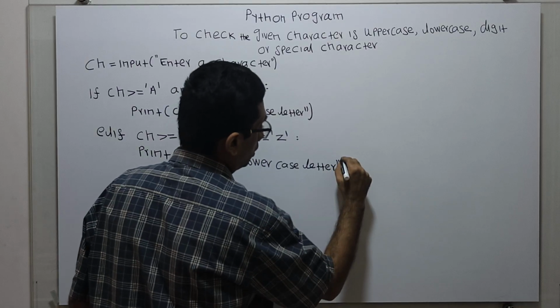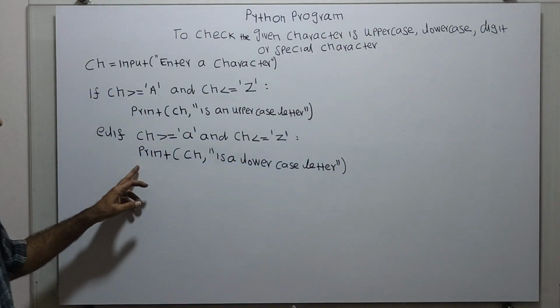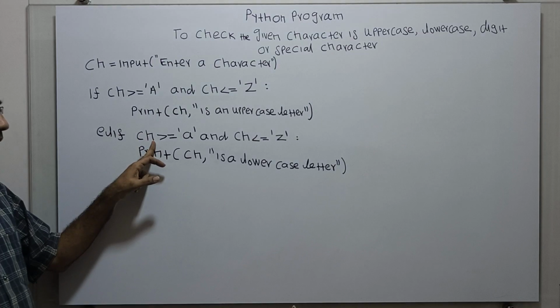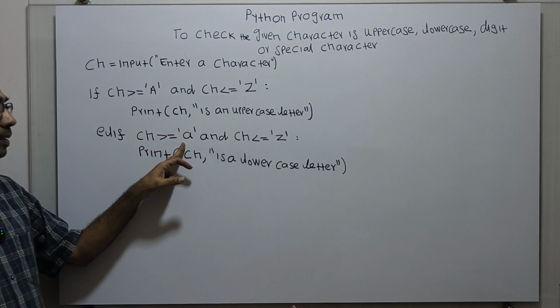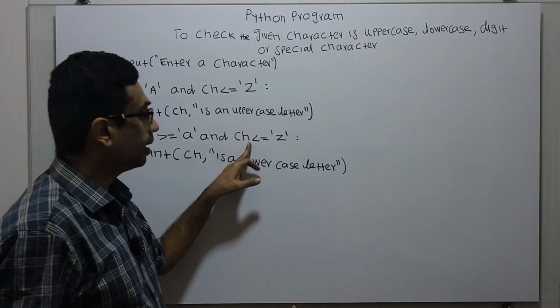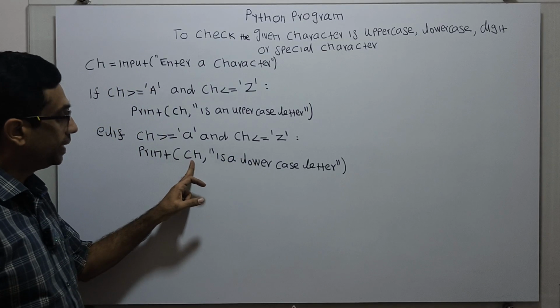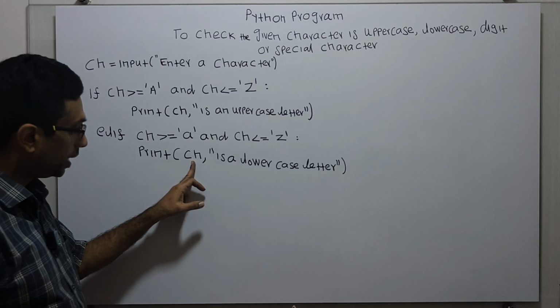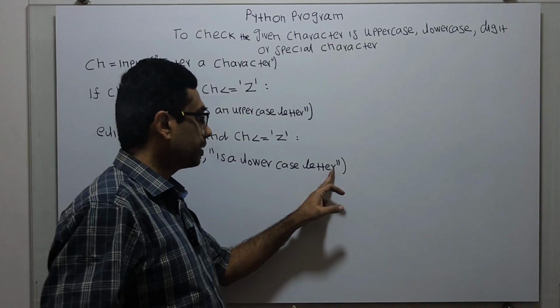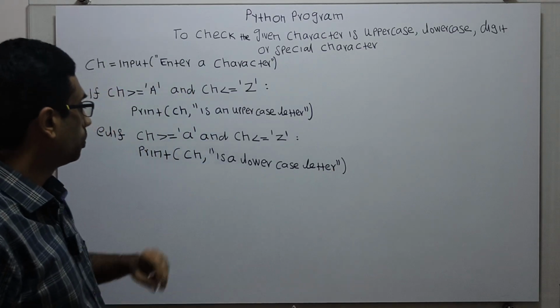Closing the double quotation, closing the bracket. If ch is greater than or equal to a and ch less than or equal to z, I am printing ch, the value of the variable ch, is a lowercase letter, is my output.